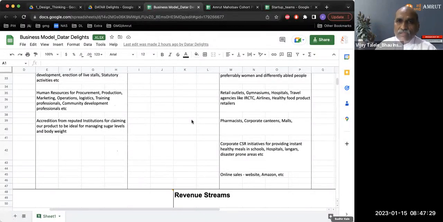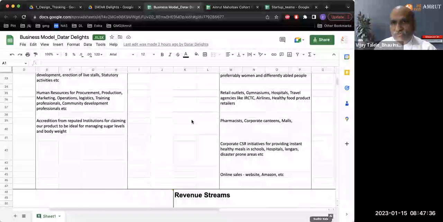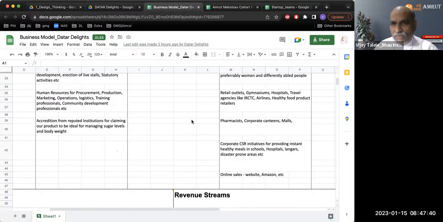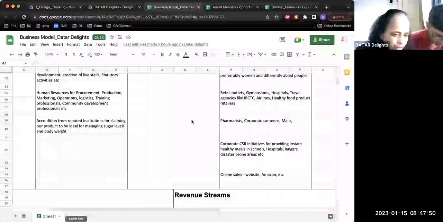Normally there are some food outlets. You have mentioned retail outlets, but there are some food outlets which are specifically for healthy people, special chains which are only for the health conscious. You mean eateries?